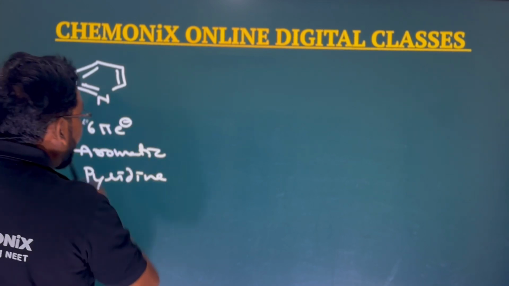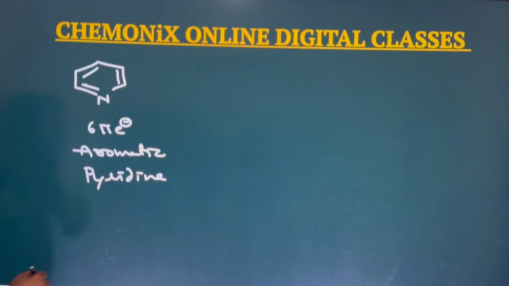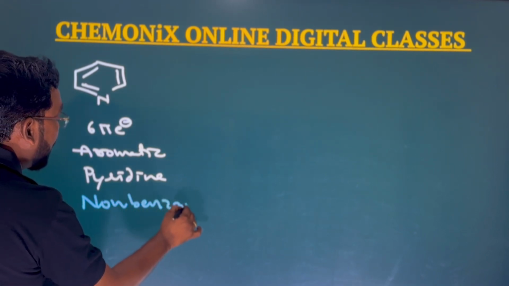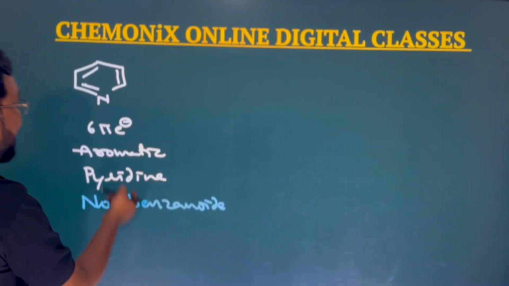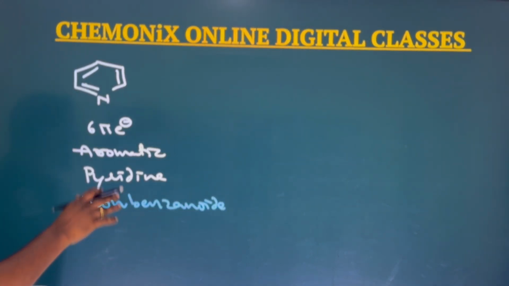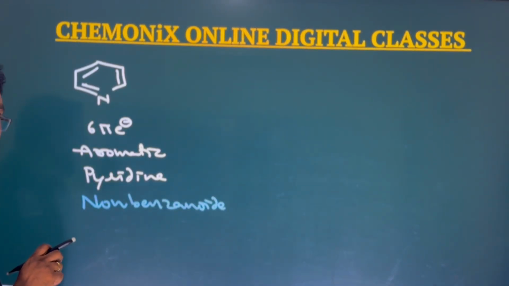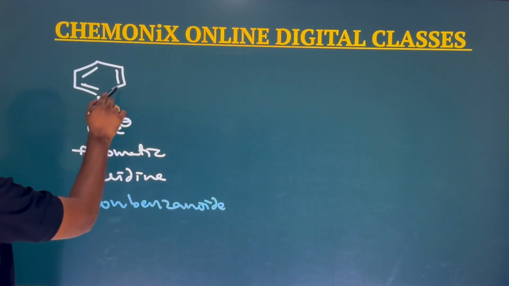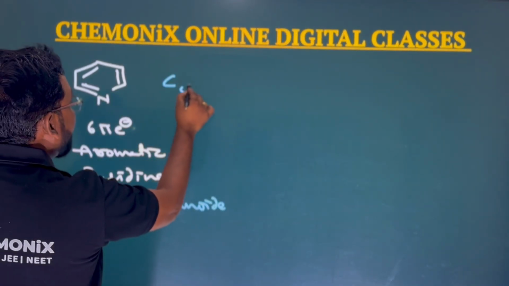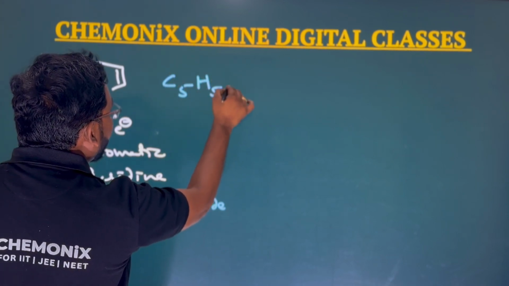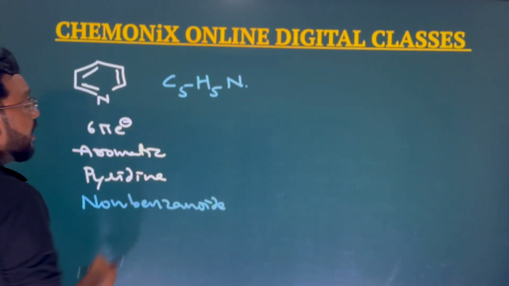Is this pyridine benzenoid or non-benzenoid? Remember, this is a non-benzenoid aromatic compound. Why? Because it is a 6-membered ring, but it does not contain the benzene ring. Hence, it is called a non-benzenoid aromatic ring. Also, in the cyclic ring there are 5 carbon atoms and the molecule contains 5 hydrogens. The cyclic ring also includes one nitrogen atom.